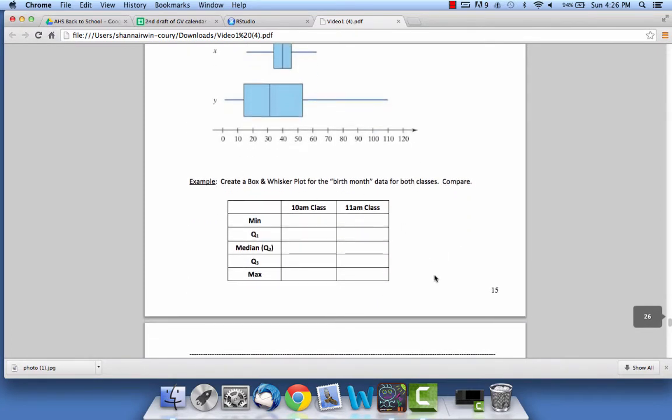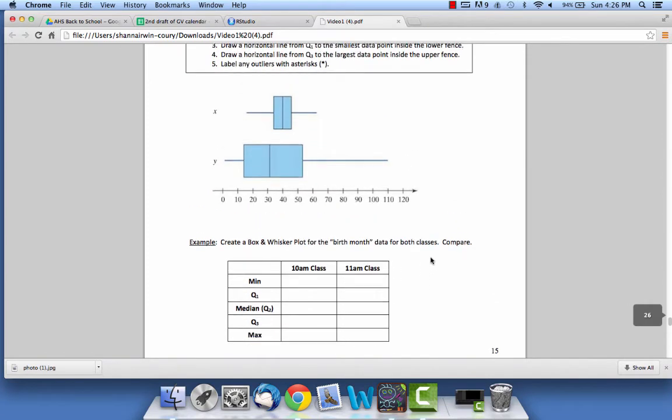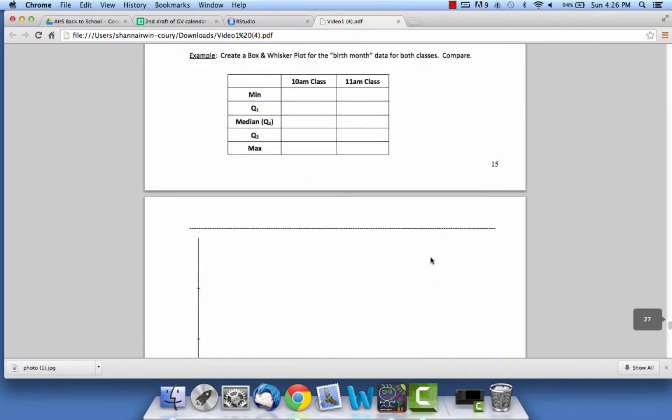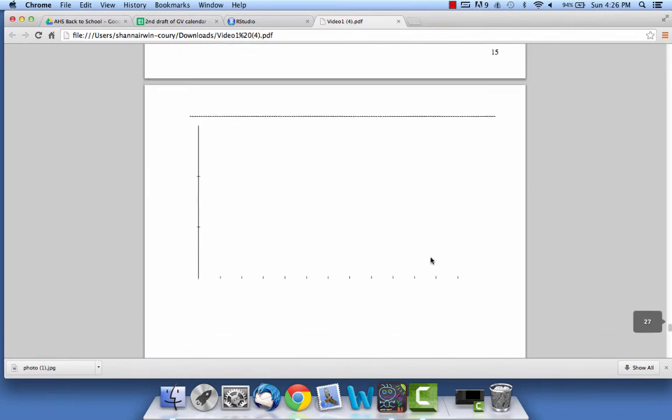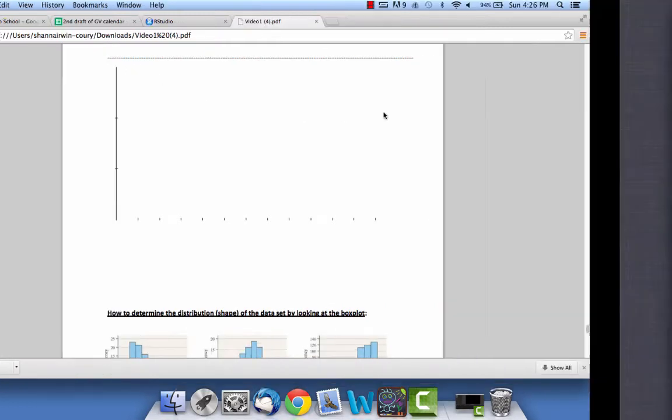Okay, so we want to create a box and whisker plot for, oh, this doesn't work for us. Let's pretend I found the birth months for a bunch of people.